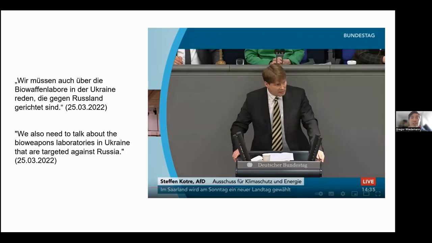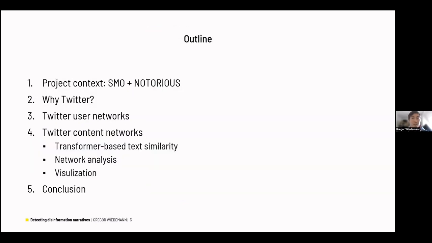But we will first take a little bit of a detour where I briefly introduce the project contexts from which this work originates, the Social Media Observatory and the second project called Notorious. Then I also highlight the importance of Twitter as a platform, why it is useful to look at Twitter, because this fits pretty well to the topic of this workshop, I hope. And then we look at what people usually do with Twitter.